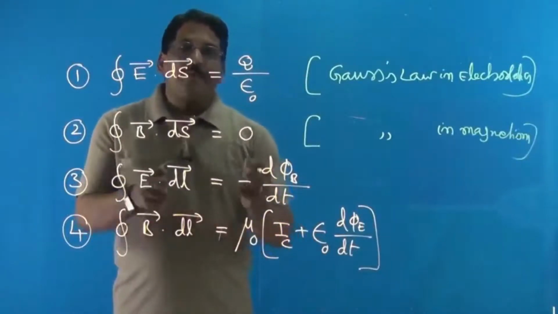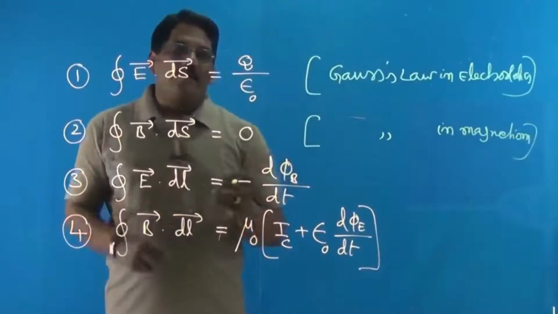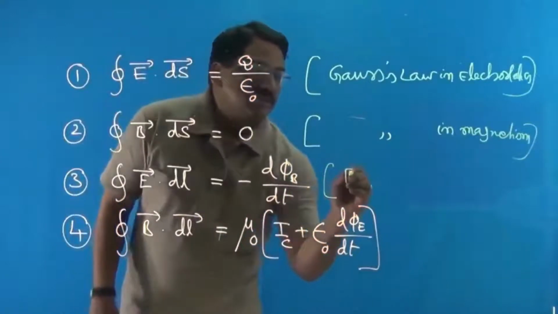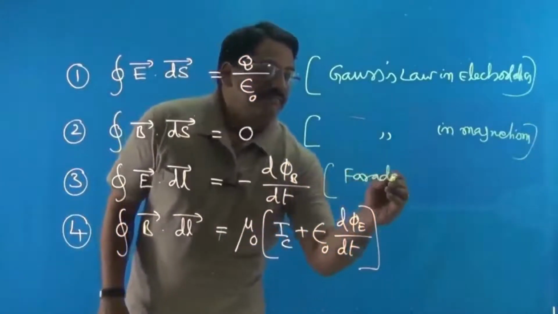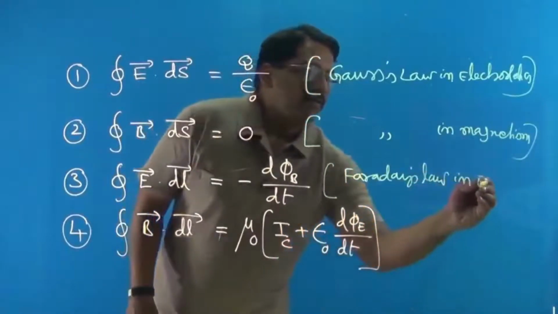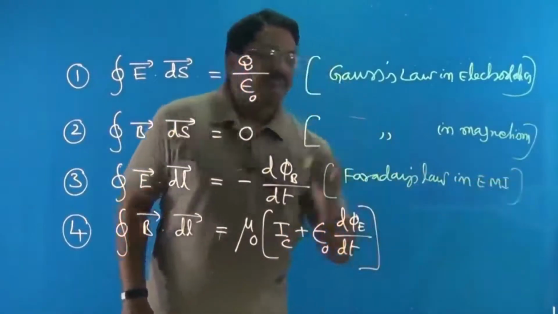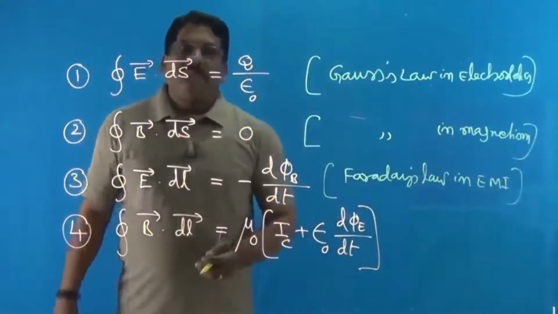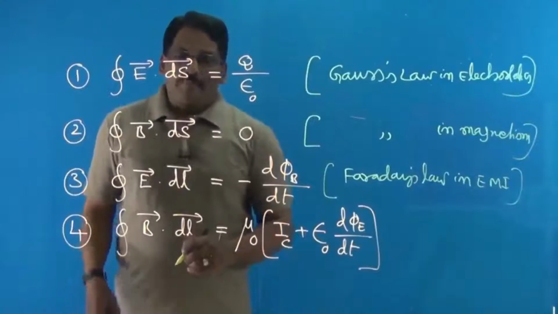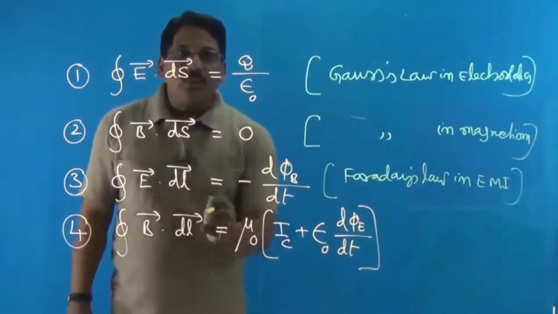And this is simply Faraday's law in electromagnetic induction, EMI. And the fourth one, the line integral of the magnetic field over a closed loop.